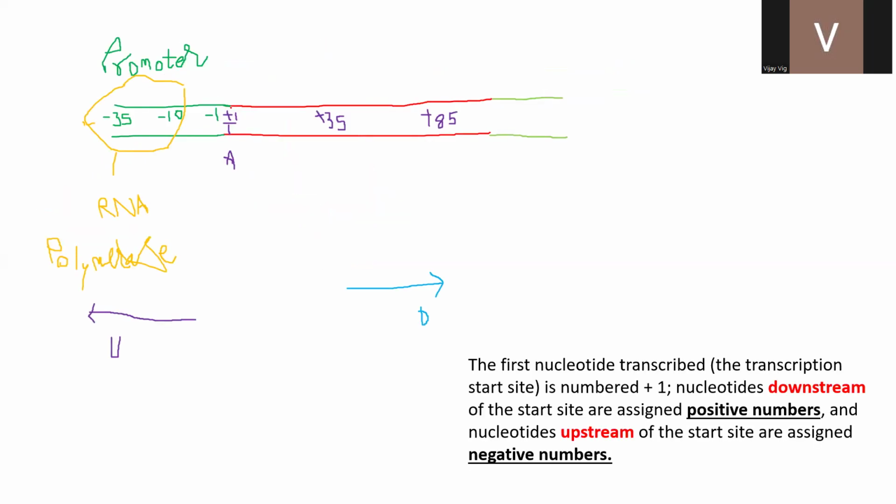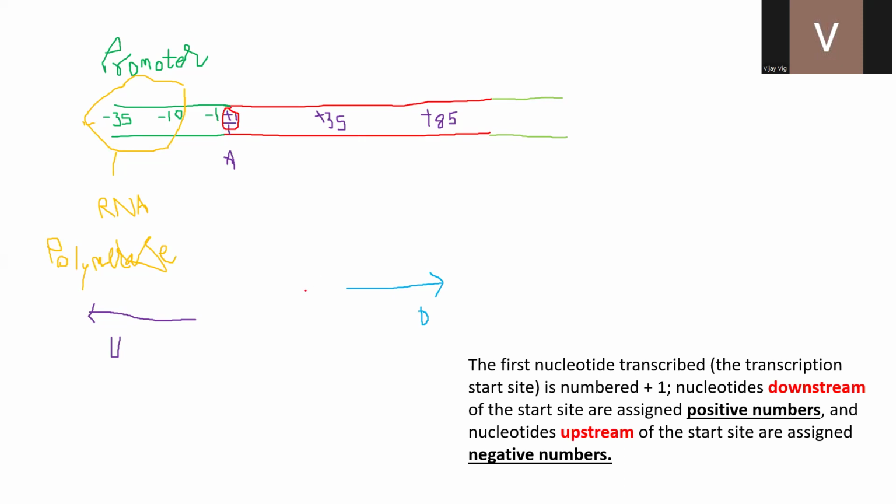As we said, +1 is the first nucleotide to be copied into mRNA, and the nucleotides before +1 we say are upstream, and the nucleotides after +1 we say are downstream. We have written here U and D. So the first nucleotide transcribed is numbered +1.